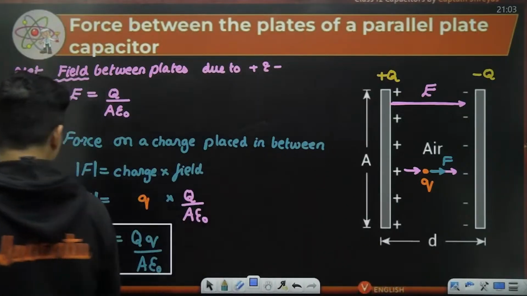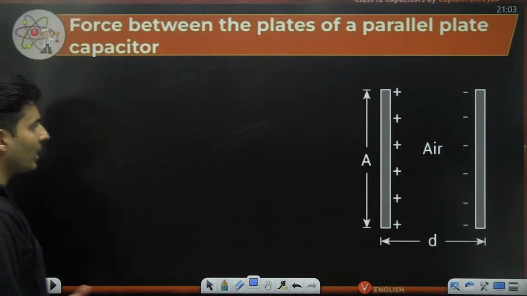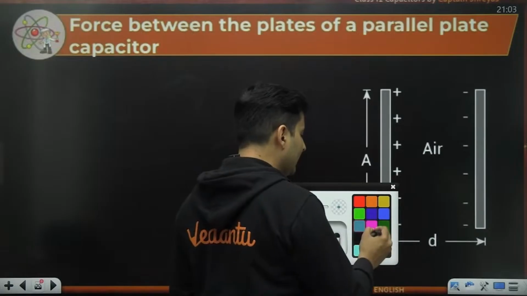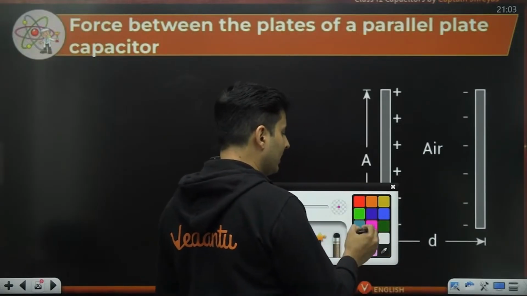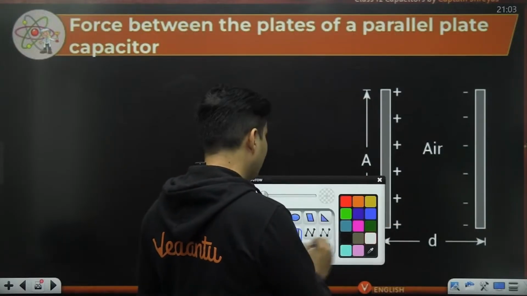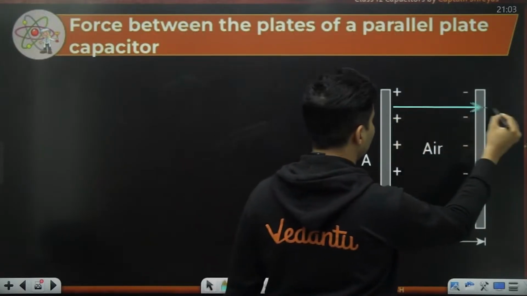Perfect. So if one were to calculate the force between the plates of a capacitor, then what I need is not any random electric field, but rather I need the electric field due to any of these plates.